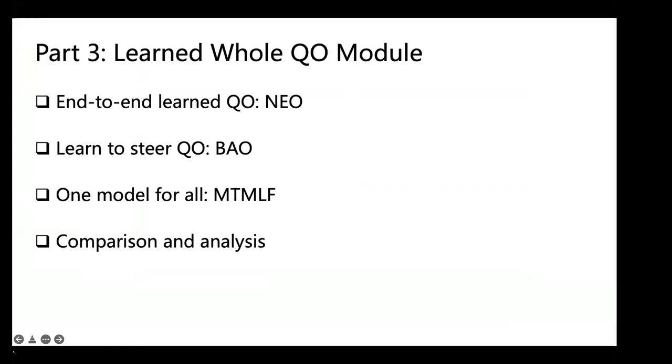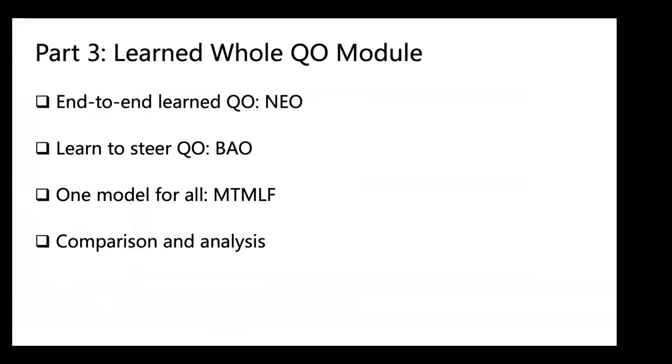In this part I will be responsible for talking about the following content. Part 3 on the learned whole query optimizer module. Previously we discussed how to learn each component: cardinality estimation, cost model, and join order selection. Now we see how to learn a query optimizer model as a whole.